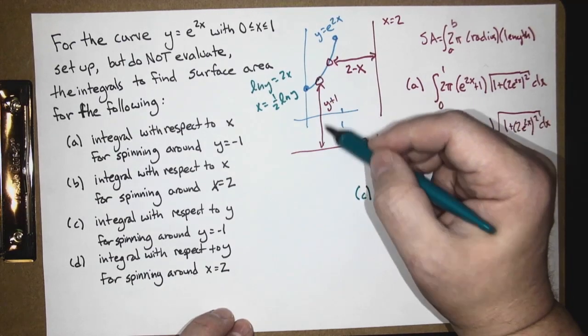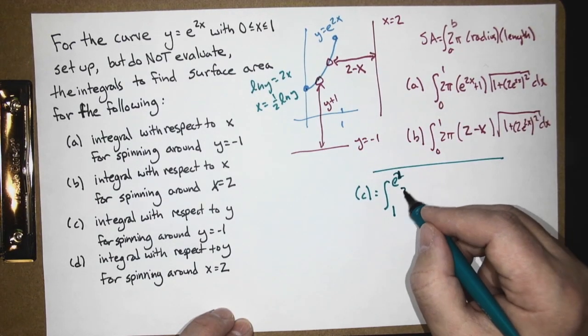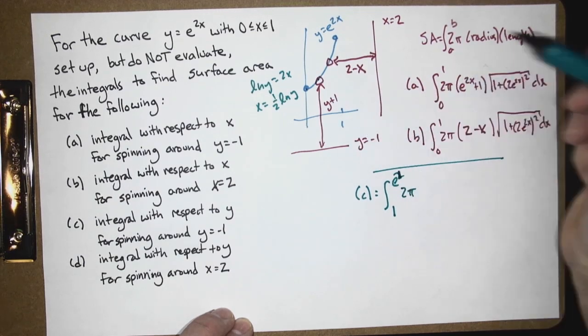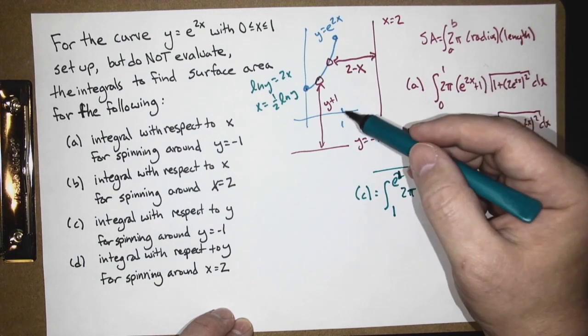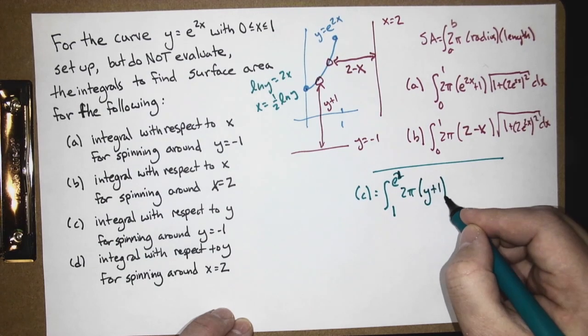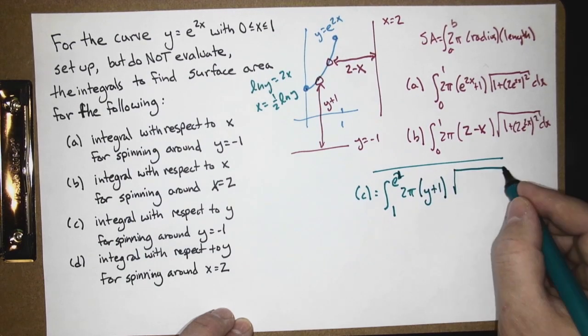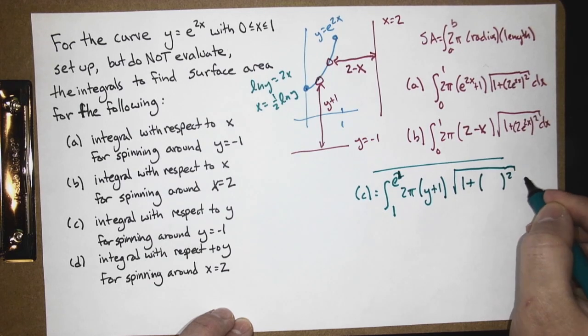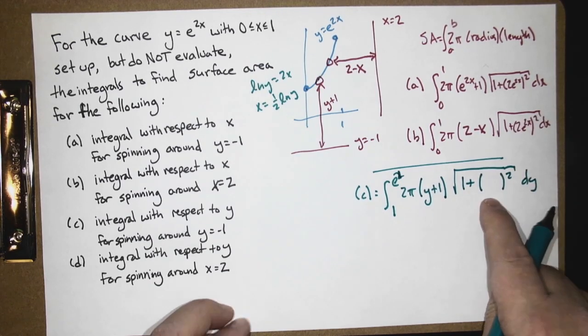And now, around y equals -1, what's this distance? We called it e to the 2x plus 1, but what else is it? Y plus 1. Square root of 1 plus, what goes inside of here? Because we're integrating with respect to y now.